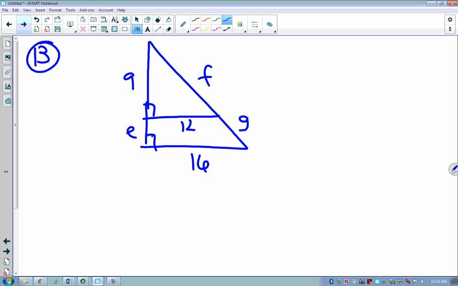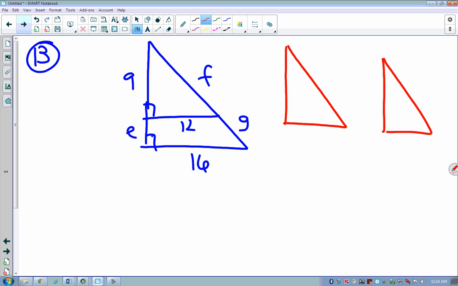If I split this into 2 separate triangles, a big triangle and a smaller triangle, here I would get 16. I would get F plus G, right? And I would get 9 plus E there, correct? Okay, and if I had a smaller triangle, I'd have 12, 9, and F. What's the easiest thing to solve for?